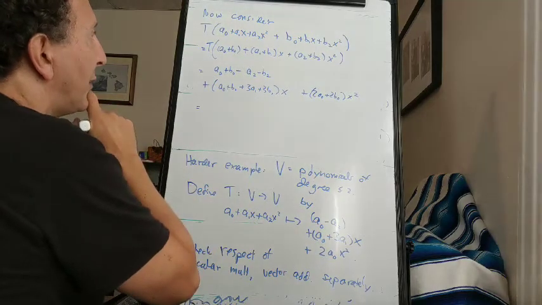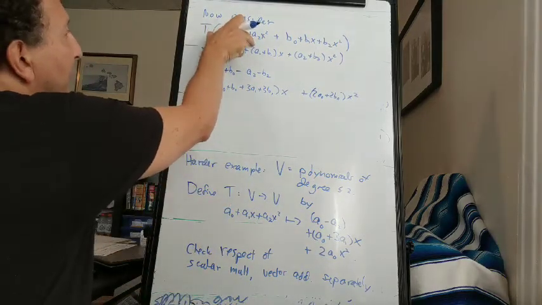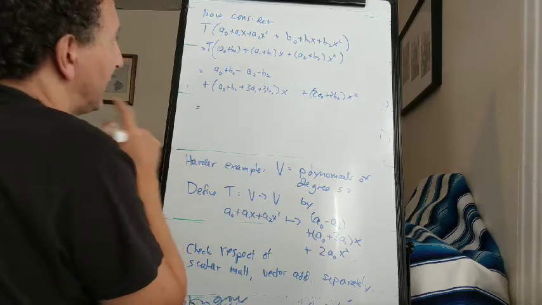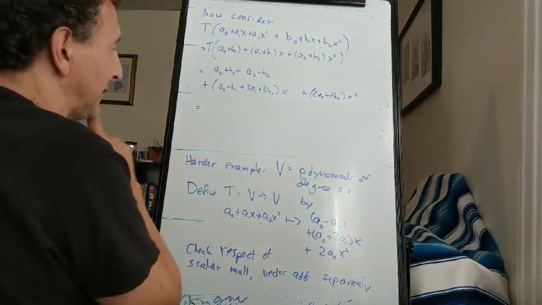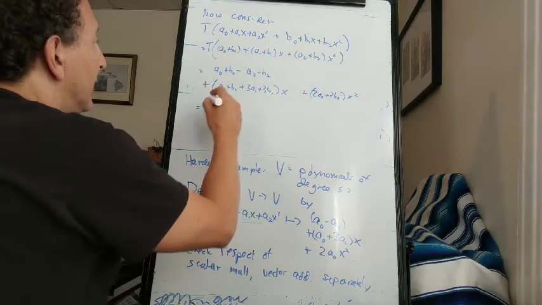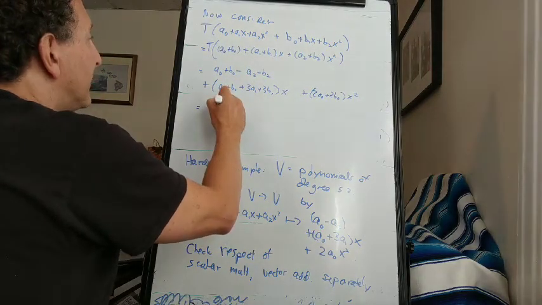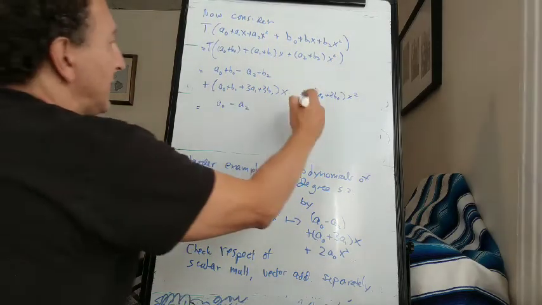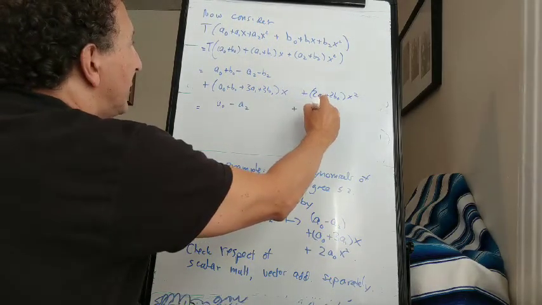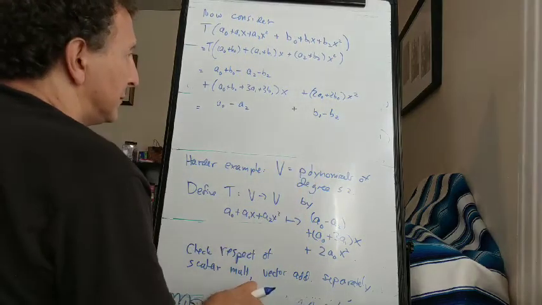Alright, so if I separate out, and I'm hoping this is going to be T of the first polynomial plus T of the second polynomial. So maybe if I separate out the a's and the b's, I'll be able to see that. So this is a naught minus a2. I'm going to put the a's on the left and the b's on the right, plus b naught minus b2.